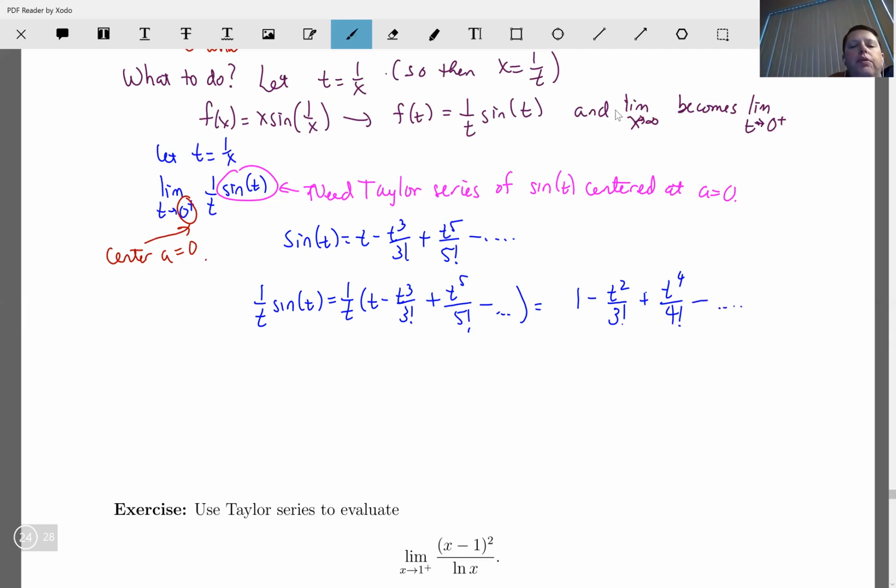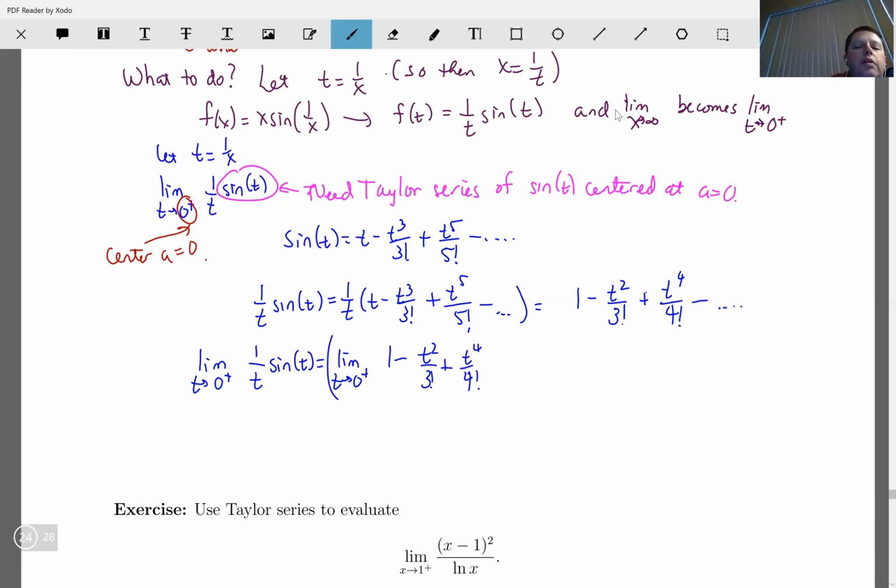And what happens when we take the limit as t goes to 0 from the right of this?